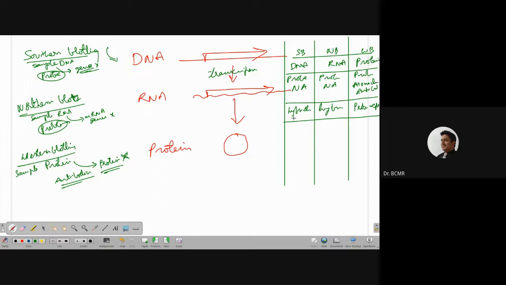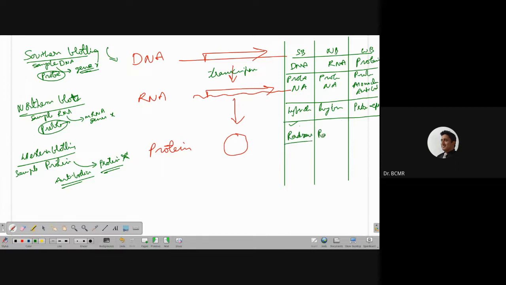In all the cases, we would have done blotting. In some cases, we would have used nitrocellulose membrane, in other cases nylon membrane, to which the DNA or whatever we are trying to check is transferred, and we will be able to see it. In Southern blotting, usually, though it's not always the case, there are non-radioactive probes as well, but the majority of the time we use radioactive elements for making a probe.